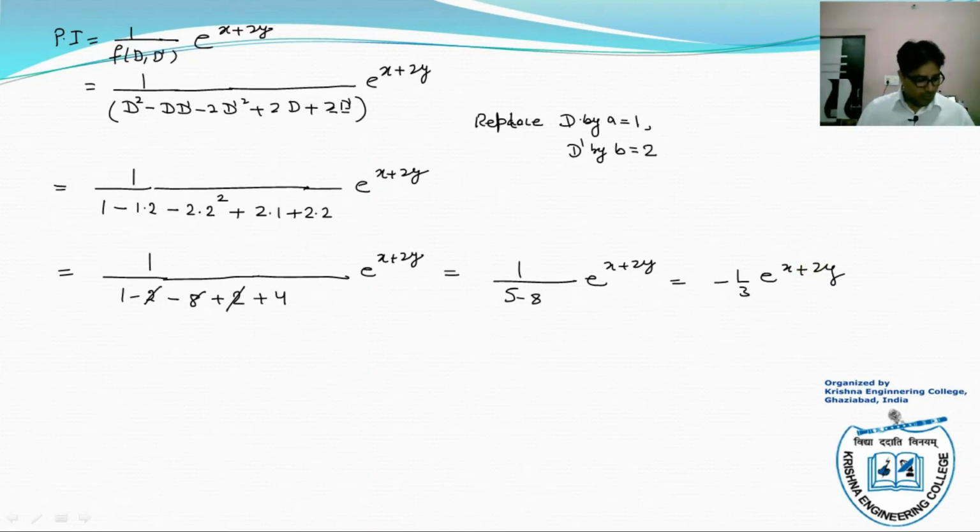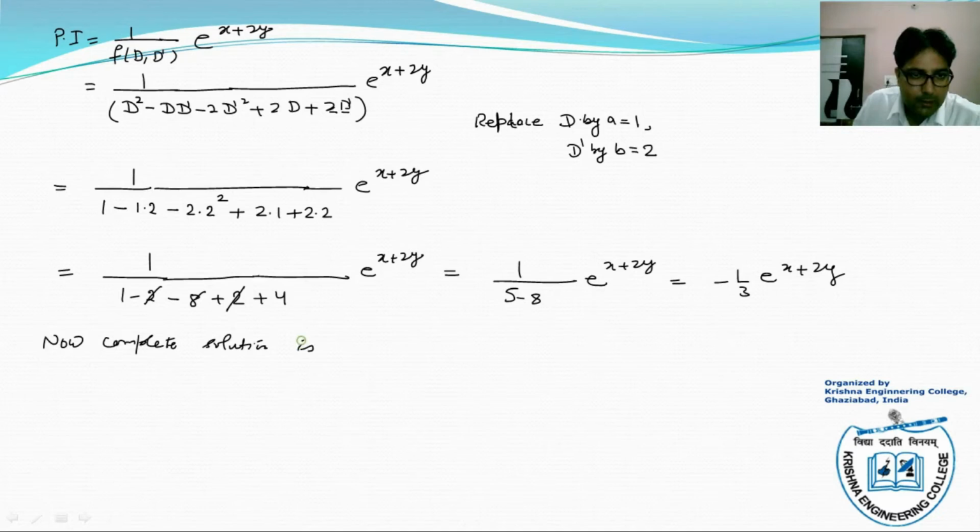Now the complete solution of this equation is CF plus PI. Z is equal to CF plus PI.